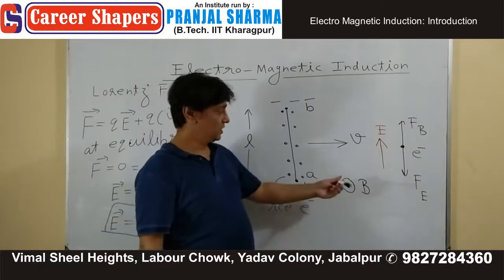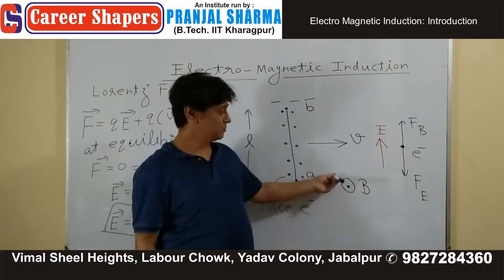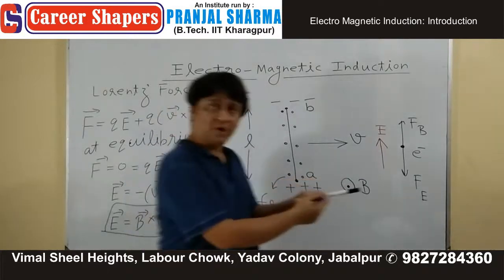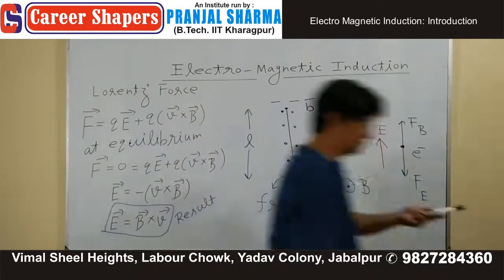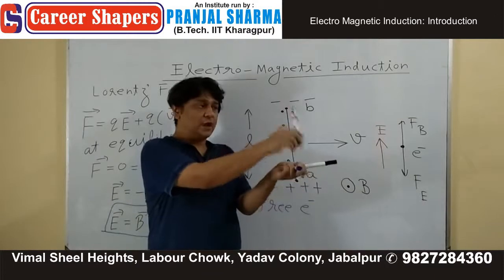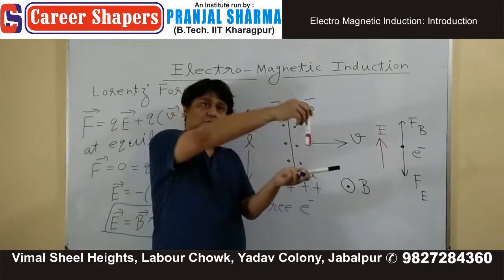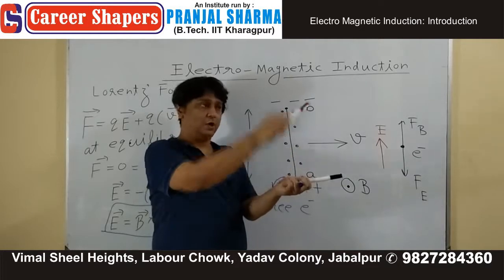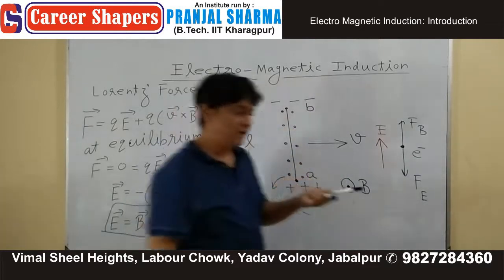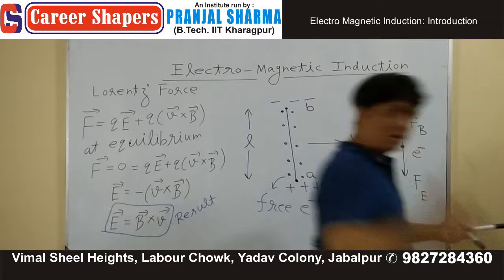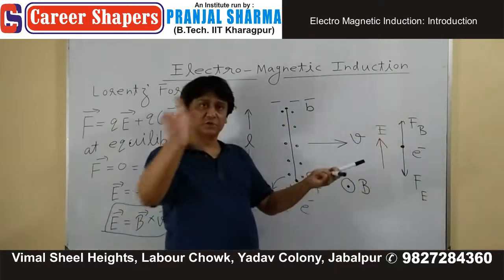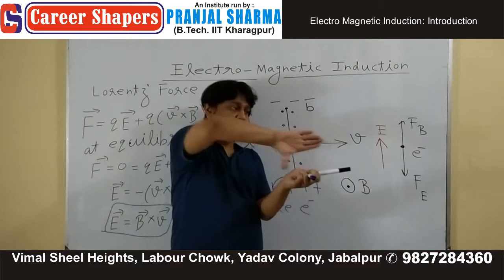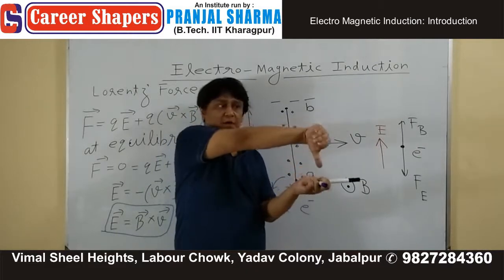So this was B, the magnetic field, and this is V. Your electric field can be either up or down, perpendicular to this plane. Now how do you decide that? Hold your right hand like this, thumb up or down. If thumb is down, you are curling from this side to this side.